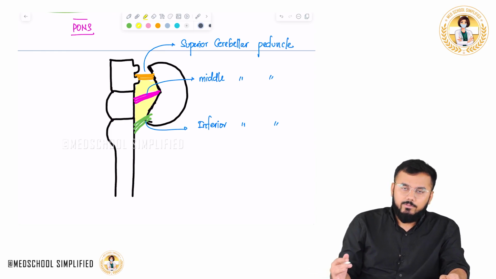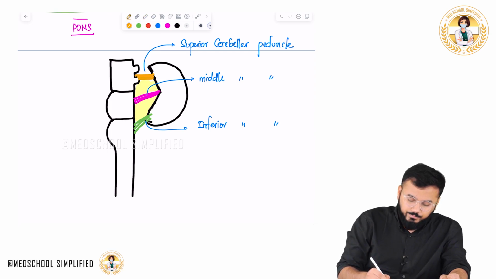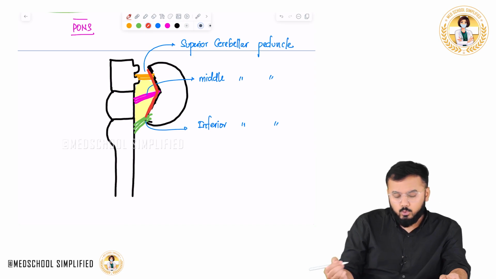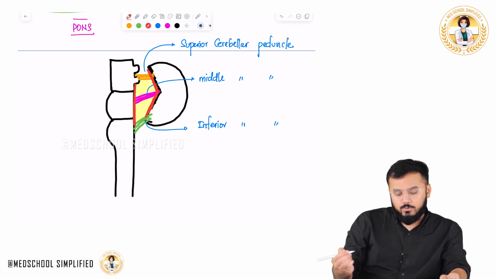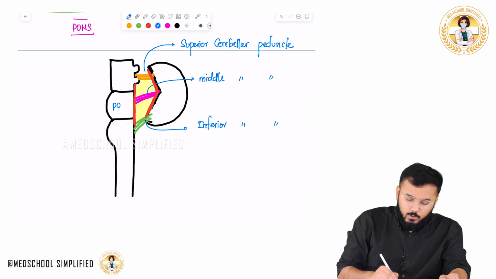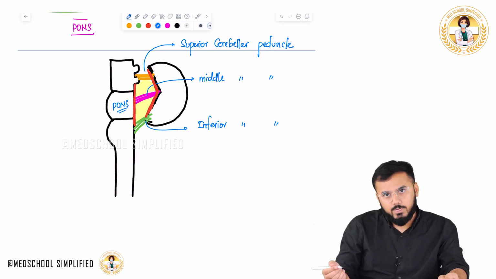Now in this cavity of the fourth ventricle, if you very clearly observe, this entire part whatever I'm drawing here becomes the roof of the fourth ventricle, and this entire part becomes the floor of the fourth ventricle. So this is your pons, and the pons is forming a part of the floor of the fourth ventricle.